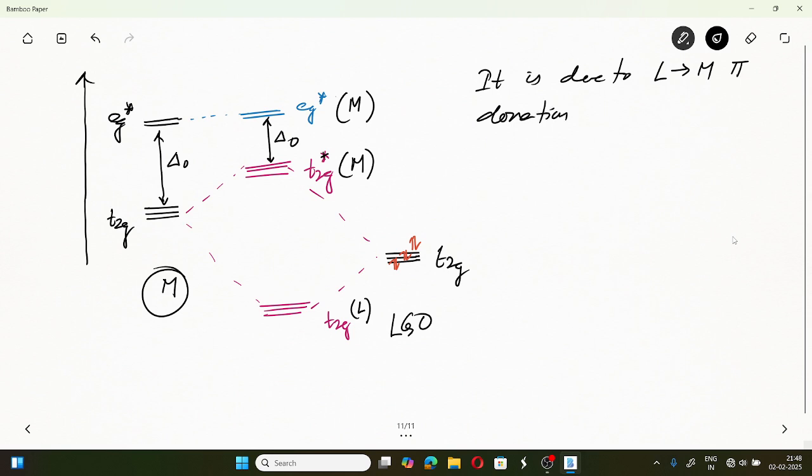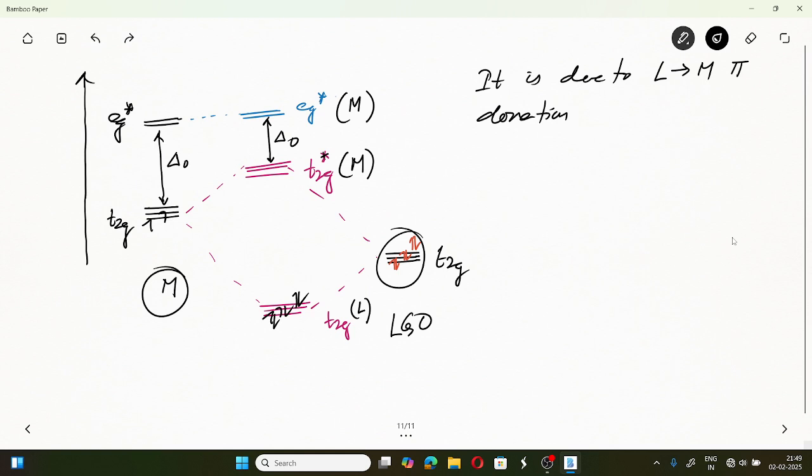কেন ligand to metal pi donation বলছি? দেখো এই যে ছটা পেয়ার, আমি যখন ইলেকট্রনগুলো বসাবো, এই ছটা ইলেকট্রন তো এখানেই আসছে, আর মেটালের ইলেকট্রনগুলো এখানে আসবে। তার মানে there is a ligand to metal donation.